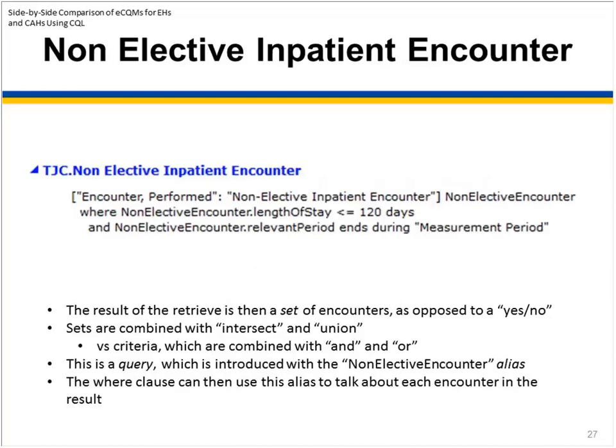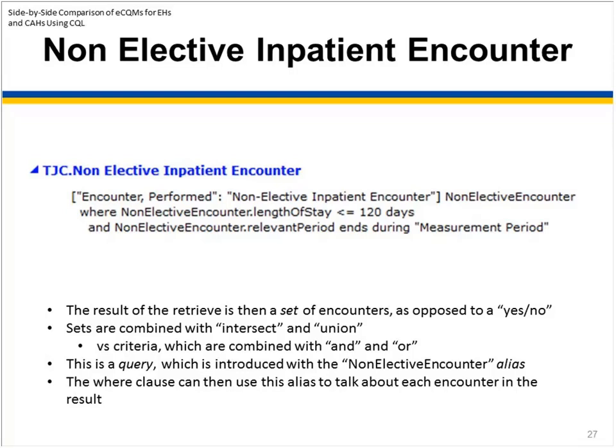So looking back then at non-elective inpatient encounter, this is going to return the set of encounters for this patient. Again, this is evaluating within the patient context that have the length of stay less than 120 days and where the relevant period ends during the measurement period. So sets are combined with intersect and union. You've seen those within QDM. But versus criteria, which are combined with and or.